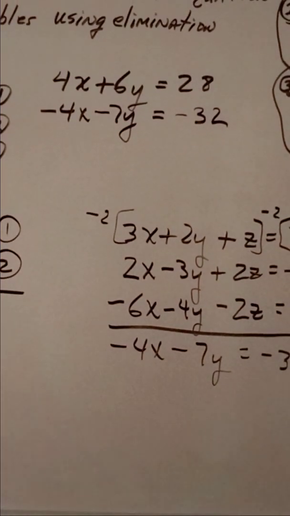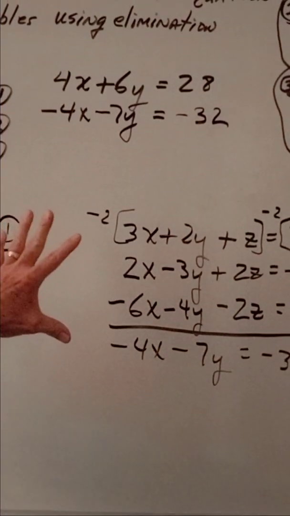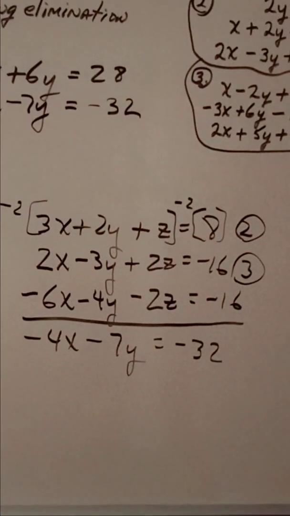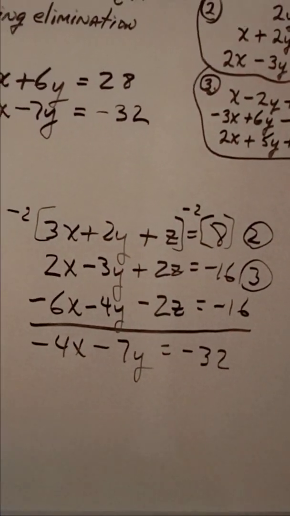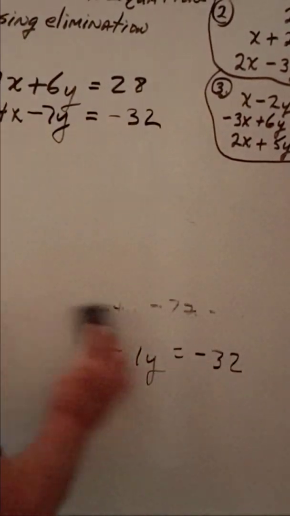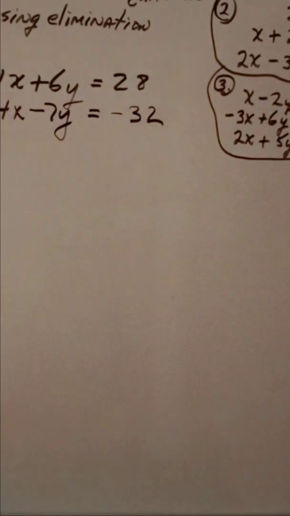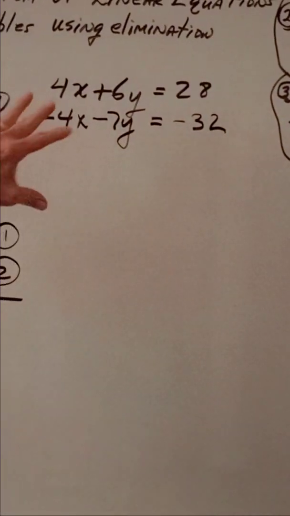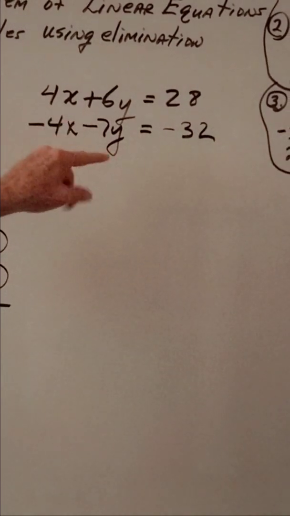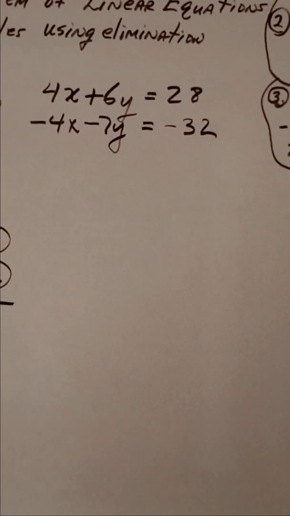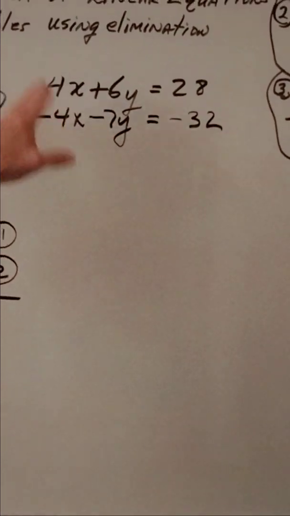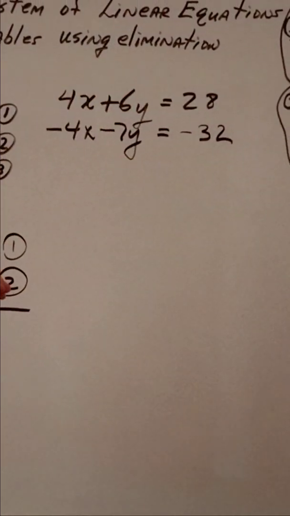Now just so that there's plenty of room, folks, I'm going to erase this. I want to make sure that I've got room. So now we'll take this brand new system of two equations in two variables, and our immediate objective now will be to find the values of x and y.